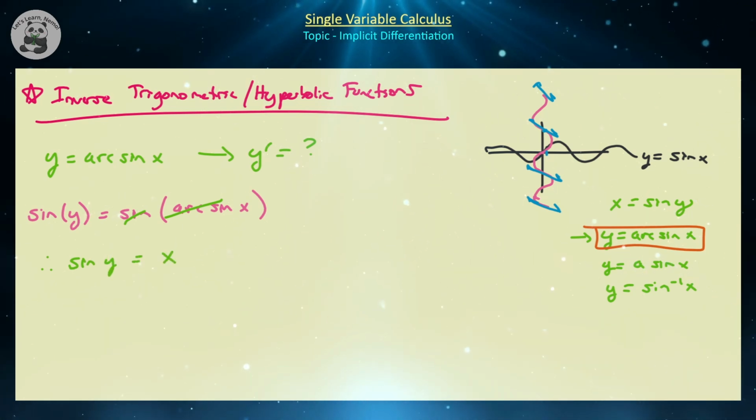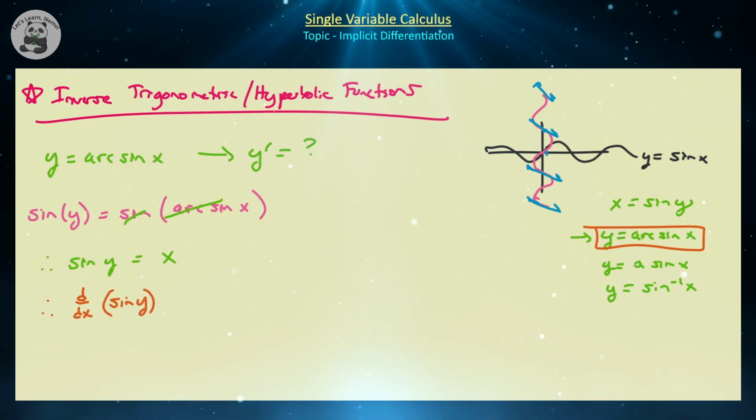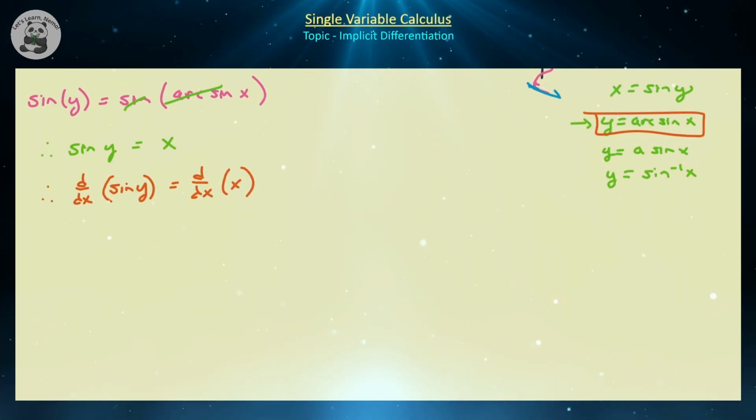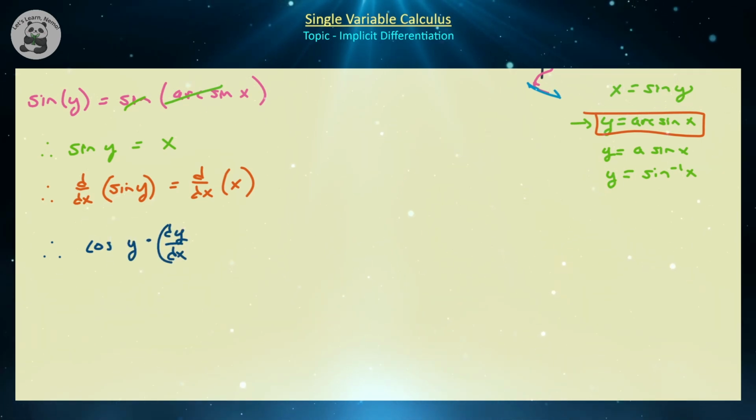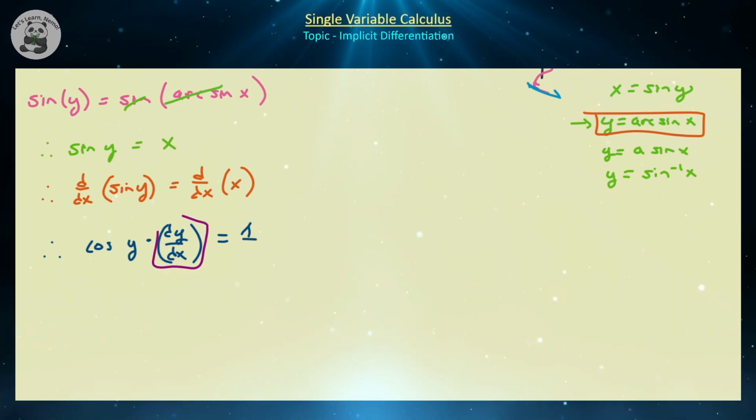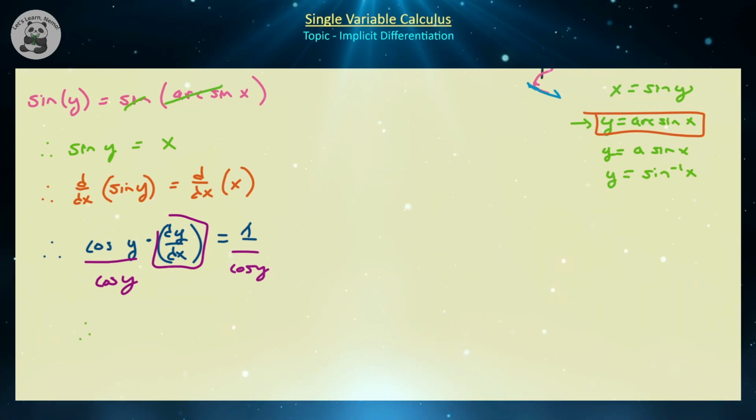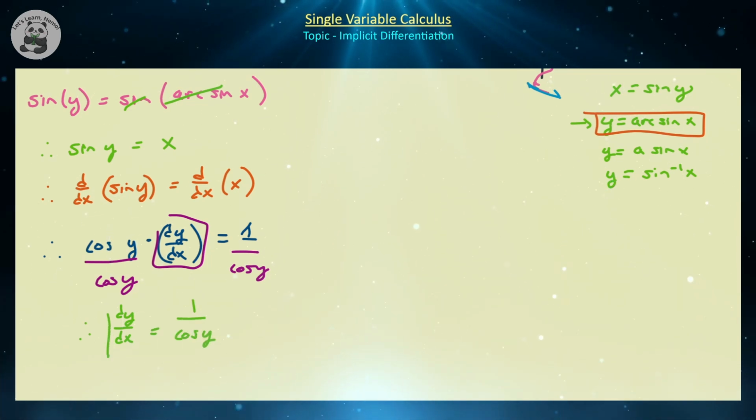Now I'm going to perform implicit differentiation: the derivative with respect to x of the sine of y is equal to the derivative with respect to x of x. The derivative of sine y with respect to x is cosine y times the derivative of y with respect to x, and the derivative of x is just 1. Now I'm solving for dy over dx, so I divide both sides by cosine y, and I have that dy over dx is equal to 1 divided by cosine of y.